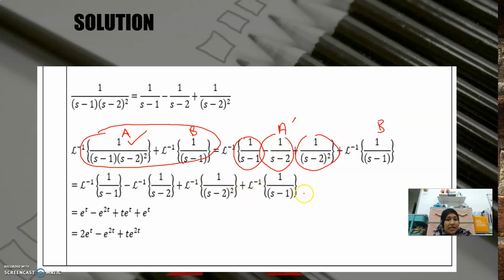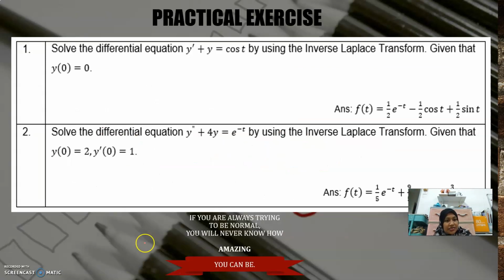And then by referring to the table, we will get this. And rearrange. If it can be solved, we solve it; if not, we may just leave it.